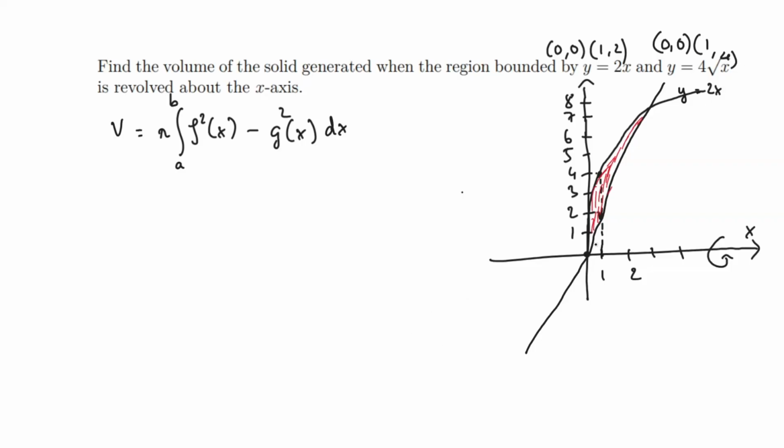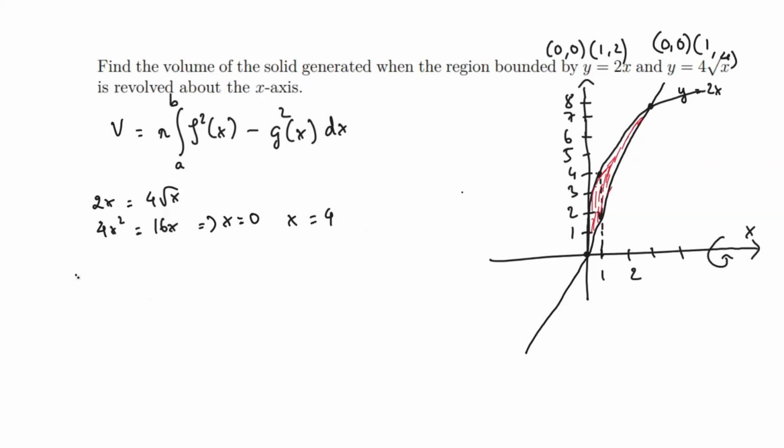We don't know the coordinates of these two points, so we have to find the intersection of these two functions. First, I'm going to set these two functions equal to each other. I'm going to square both sides, so this is 16x equals 4x squared. So I get x equals 0 and x equals 4. So the intersections of these two functions are x equals 0 and x equals 4.